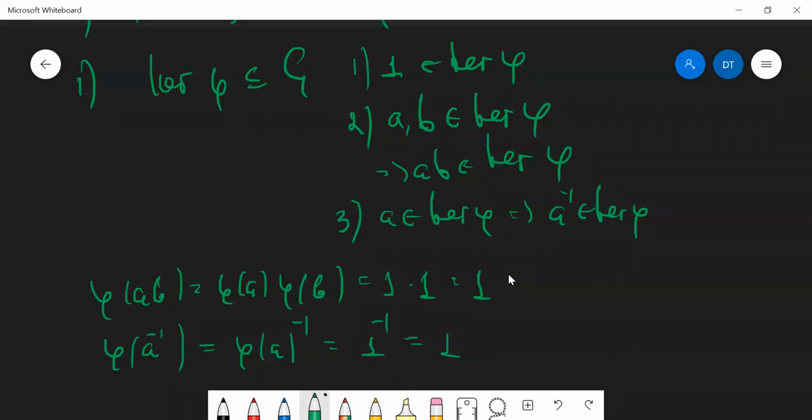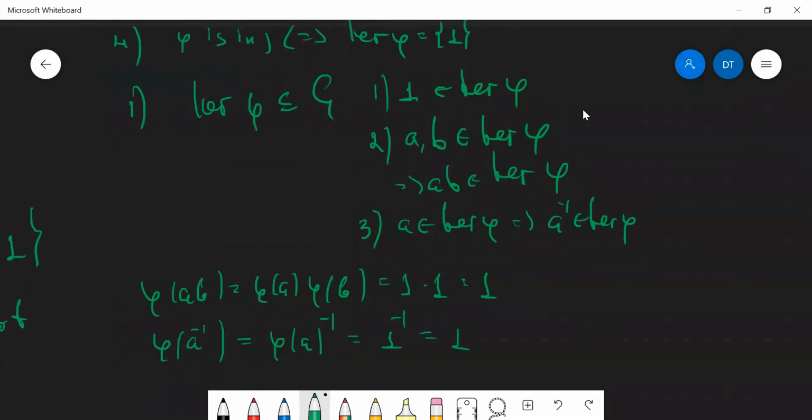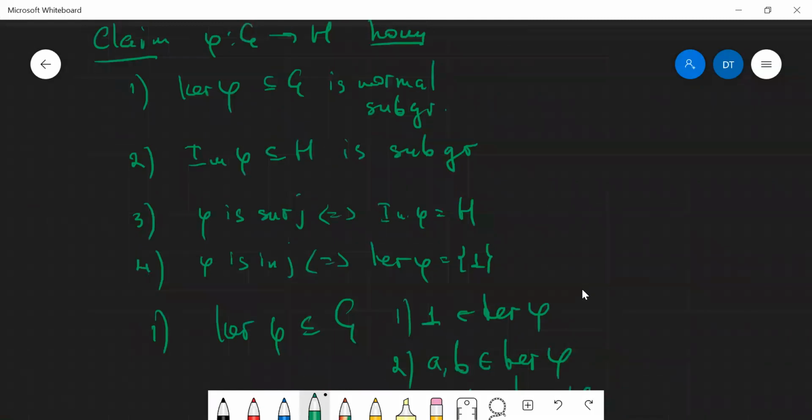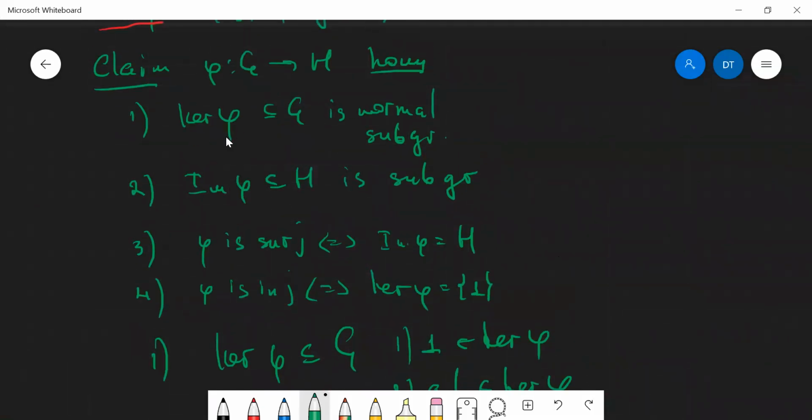Yep, I have a question about the third and fourth property. We have been told that phi is a homomorphism from G to H, and then we consider that phi is injective and surjective, but this should follow from homomorphism because phi is a bijection. No, an isomorphism is a bijection.